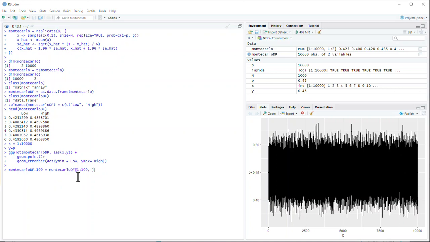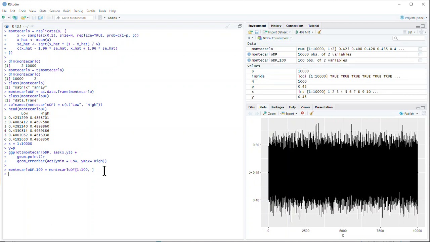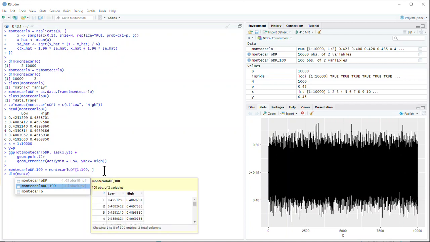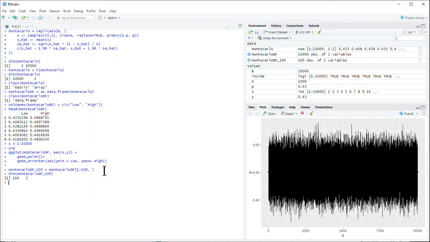And this command says, just give me the first 100 rows, comma, and then I leave the rest blank for all the columns. So the first 100 rows, all the columns. If I looked at the dimensions of my Monte Carlo df 100, that's 100 rows by 2 columns, right? So that's just the first 100.